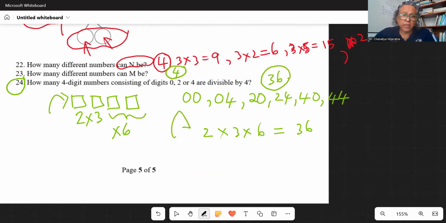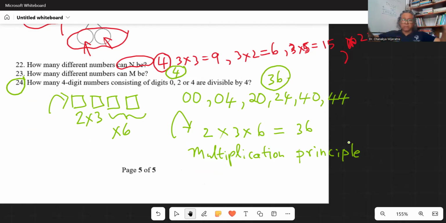Now this is by the multiplication principle. This is something you need to learn, but you don't need to learn it in its full form. We can even learn it in this problem, how we use the multiplication principle.